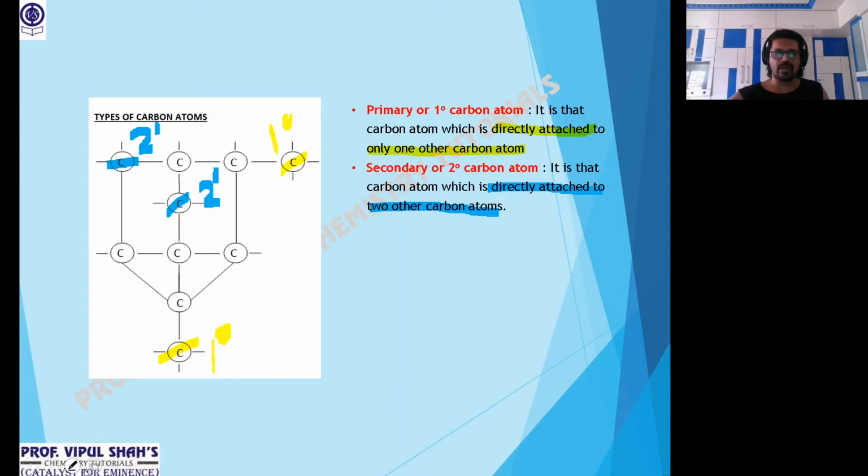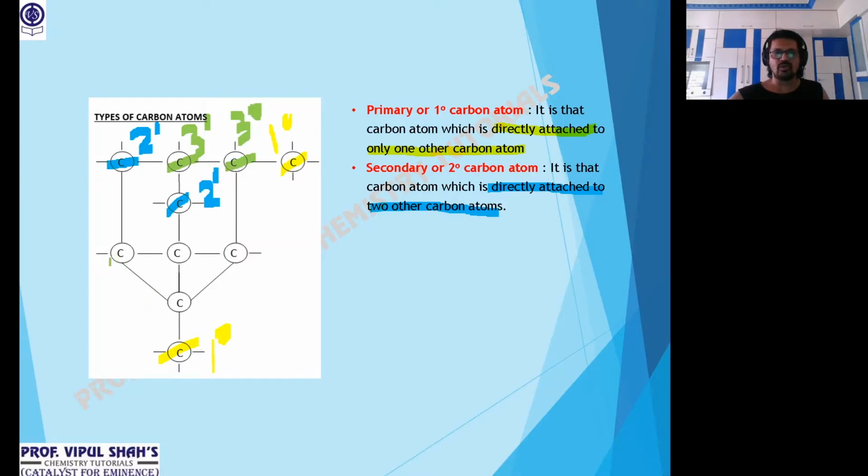Then comes what we have as tertiary or 3 degree carbon. A carbon atom directly attached to three other carbons. For example, if you see this one, down two and one here, so this is a 3 degree carbon. Same way, this one, two, three, is also 3 degree.